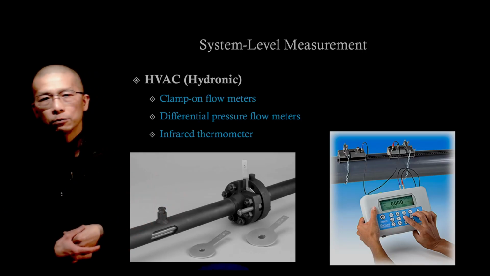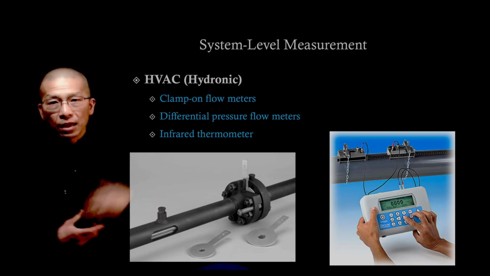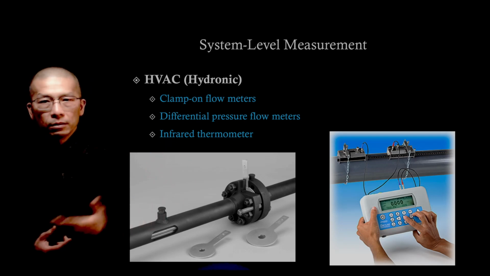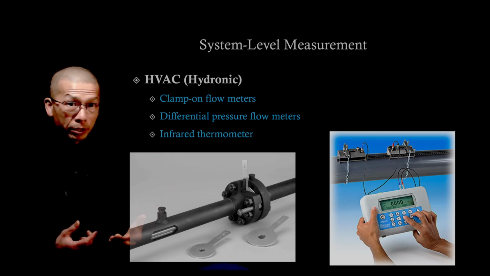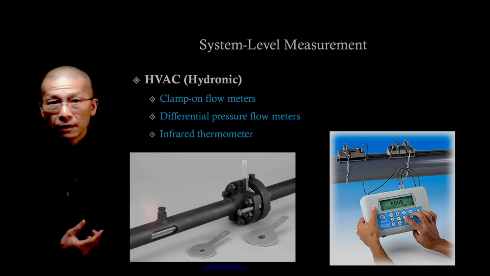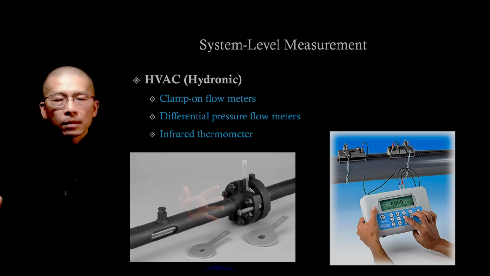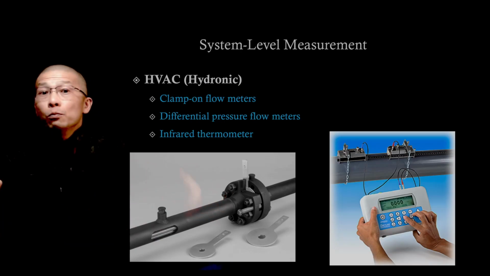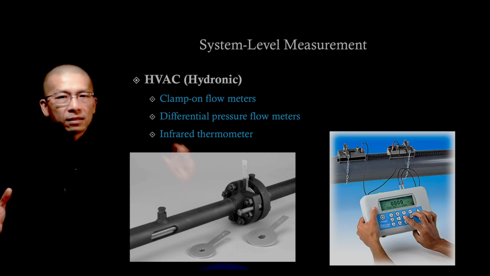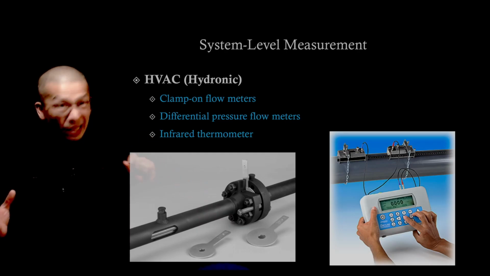So we can use them to verify if the pump is actually delivering the design flow rate, which is critical. If a pump is oversized and moving too much, it will waste a significant amount of electricity.